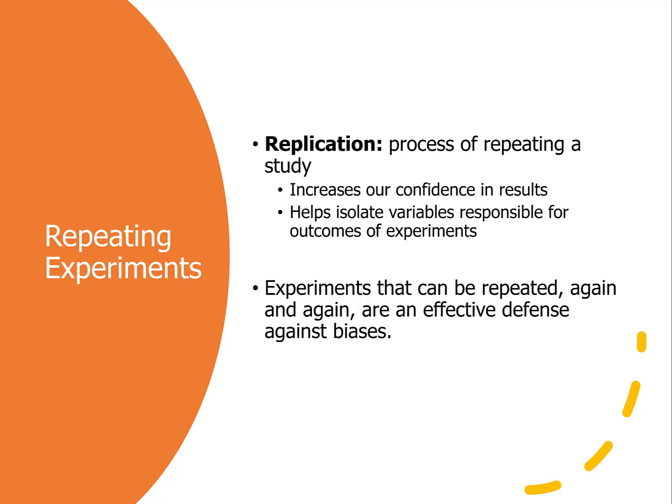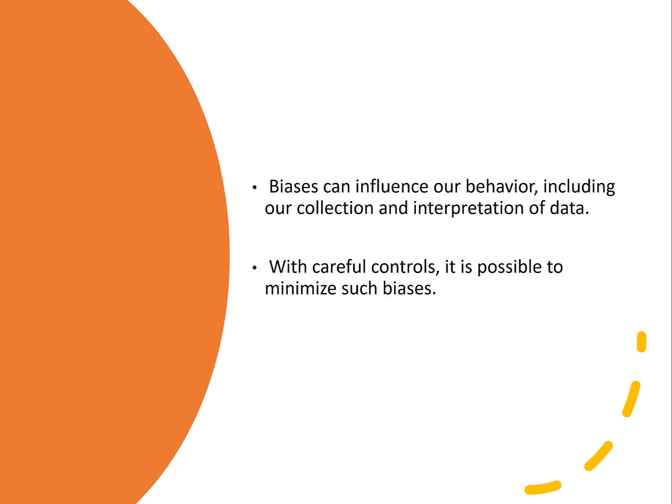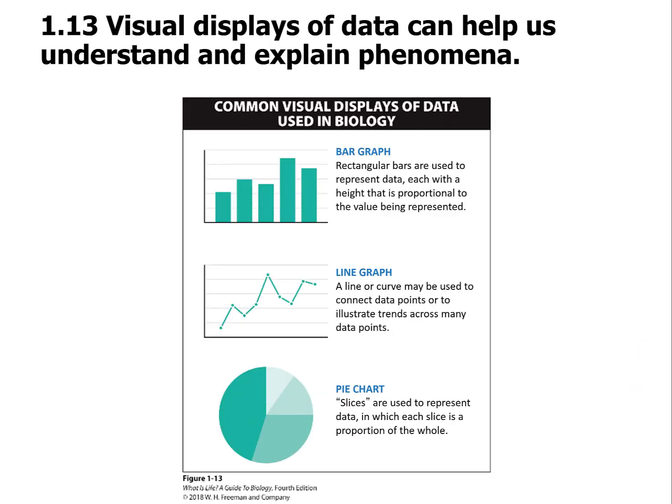That sort of thing can influence biases, which is our behavior, including our collection and interpretation of the data. It's the thumb on the scale type of deal, you see. With careful controls, it's possible to minimize. In other words, if they report the actual data, bias cannot play a part in that.